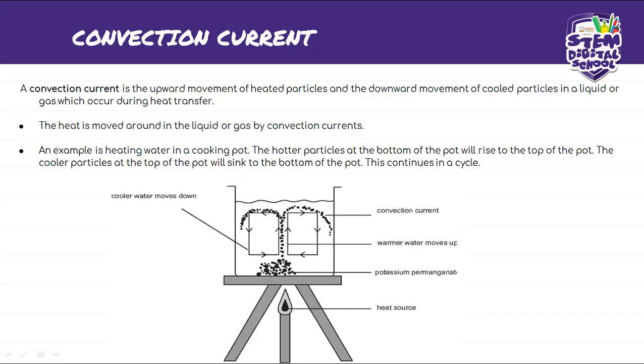Explain convection current using your own words. All right.